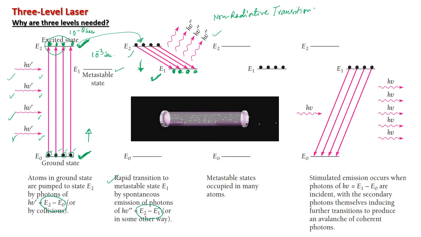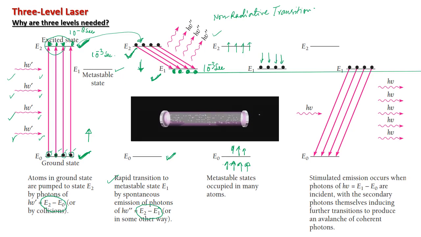Since the lifetime of the metastable state is 10 to the minus 3 second, much more than the lifetime of the excited state E2, the atoms naturally live longer in the metastable state E1. If we supply more and more energy to the atoms in the ground state, more atoms go to the excited state, and then more atoms come to the metastable state.